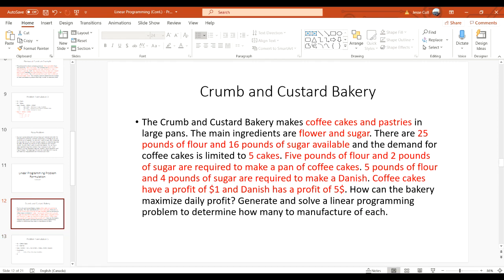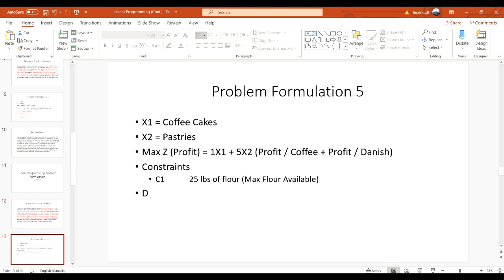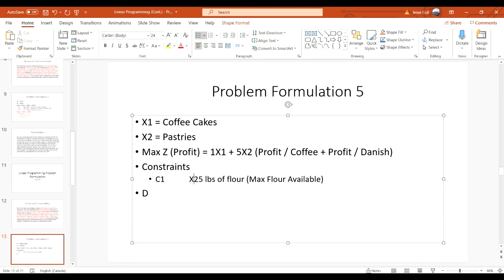Here we see it's 5 pounds of flour to make a pan of coffee cakes, 5 pounds of flour to make a Danish. So again, we come back, and it's very simply 5x1 plus 5x2 less than or equal to 25 pounds of flour. 5 pounds of flour for a coffee cake, 5 pounds of flour for a Danish must be less than or equal to our total amount of flour available, which is 25 pounds.